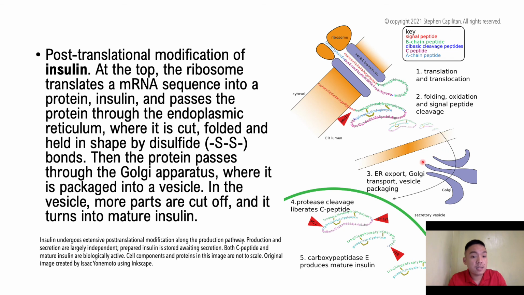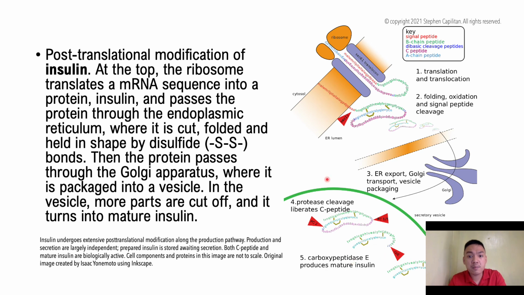Then the protein passes through the Golgi apparatus where it is packaged and secured into a vesicle. In the vesicle, more parts are cut off, and it turns into mature insulin.